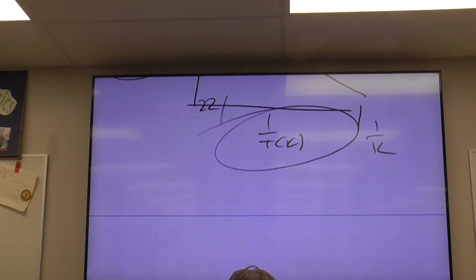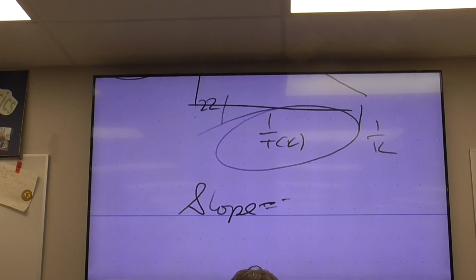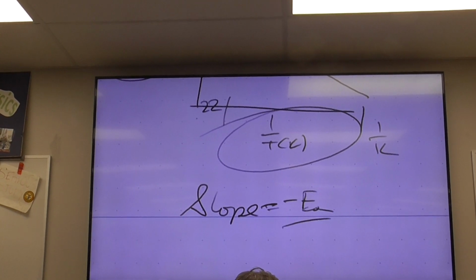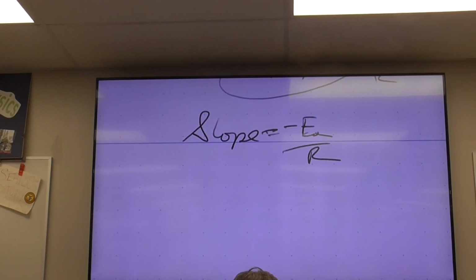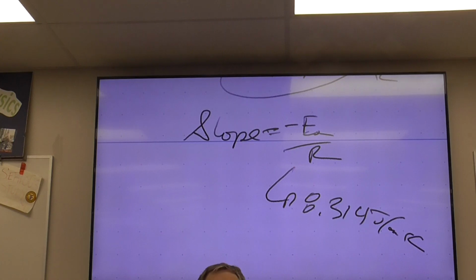So, here's the story. The slope of this line is going to equal the negative Ea over R. And your R is going to be the ideal gas law constant of 8.314 joules per mole Kelvin. So, to get your activation energy, your slope should be a negative value.